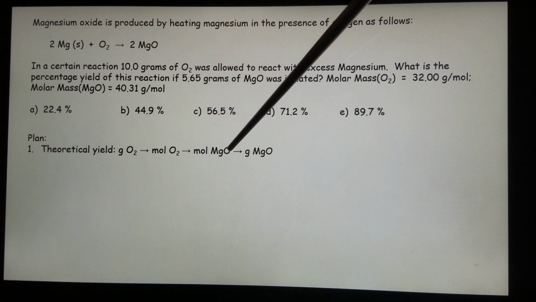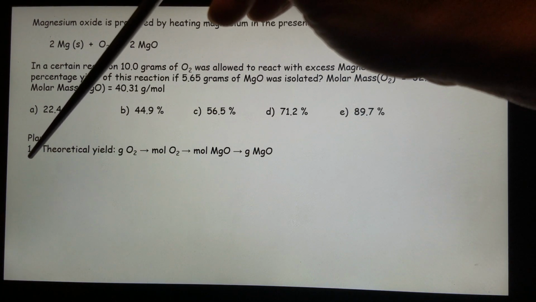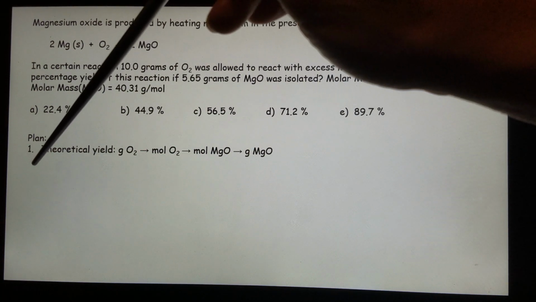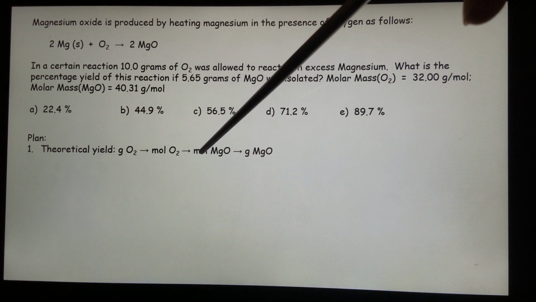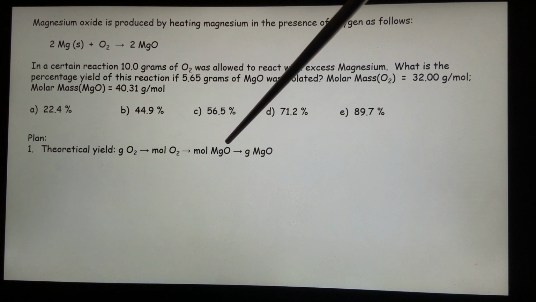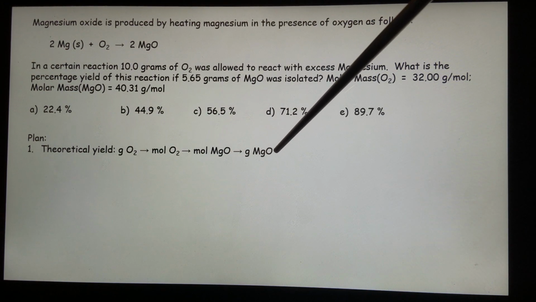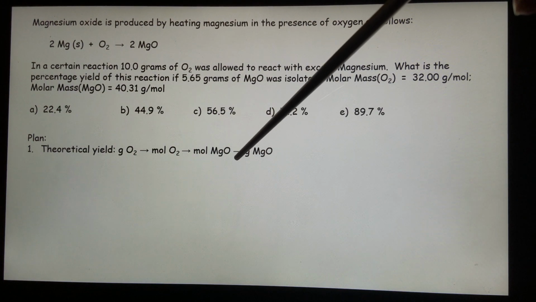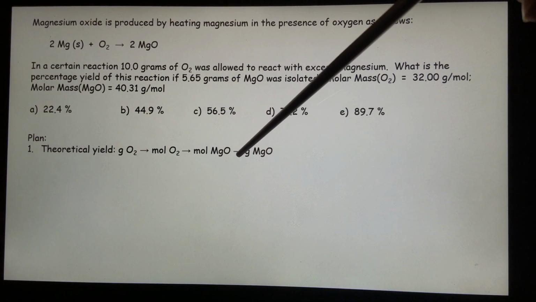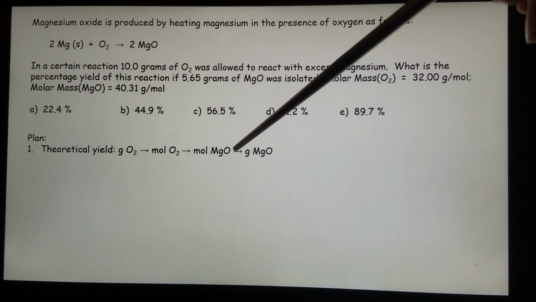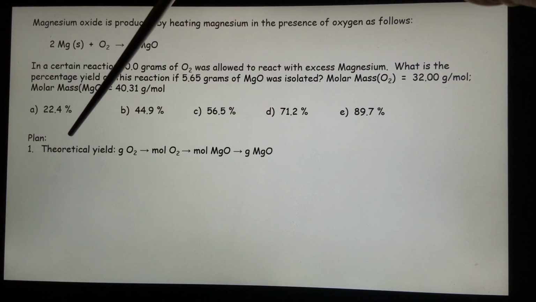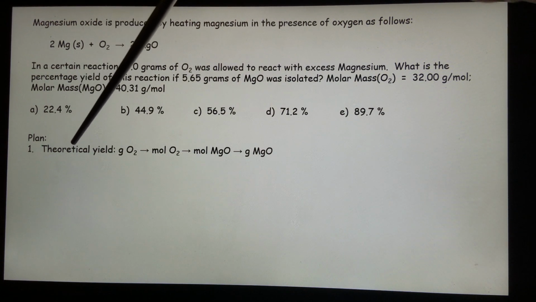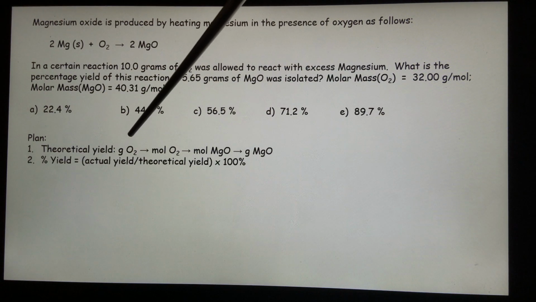And the last step in this first phase of the calculation is to convert from moles of magnesium oxide to grams of magnesium oxide, using what as the conversion factor? The molar mass of magnesium oxide. This way we should be able to obtain the theoretical yield.